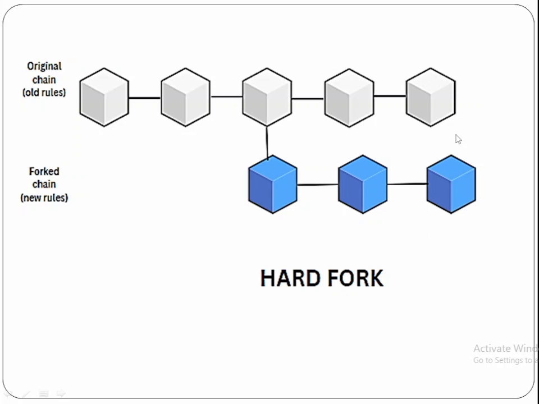Some users wanted to increase the block size to handle more transactions, while others preferred a different approach. This disagreement led to a hard fork creating Bitcoin Cash with larger blocks. Now there are two separate blockchains, the original Bitcoin and Bitcoin Cash, and transactions on one chain are not valid on the other. So this is about the real-time examples of the hard fork.